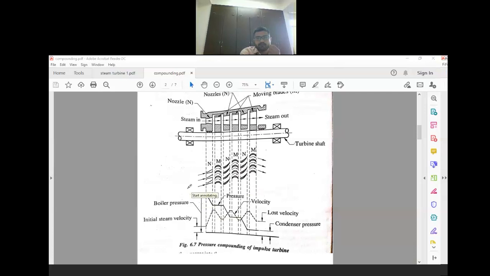Suppose here we have 50 bar. Clear? So what we did in the nozzle, the 50 bar is reduced to 40 bar.